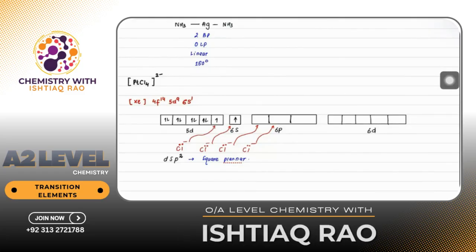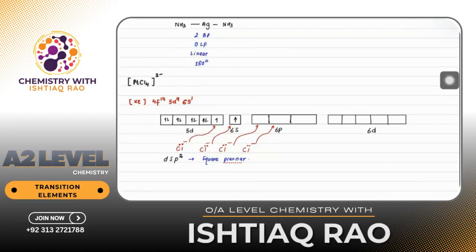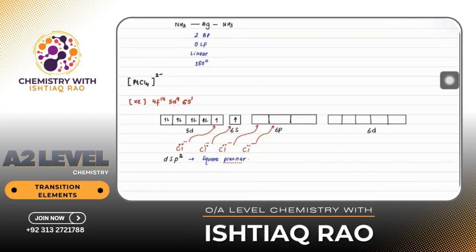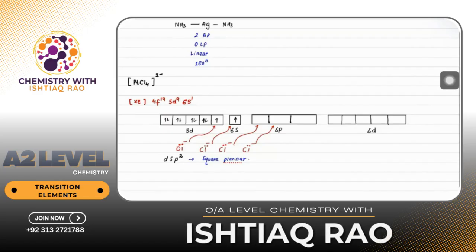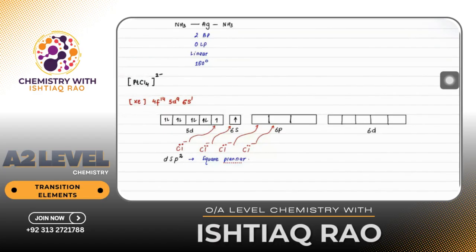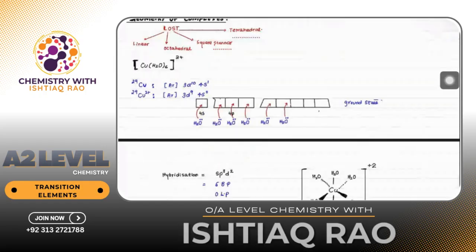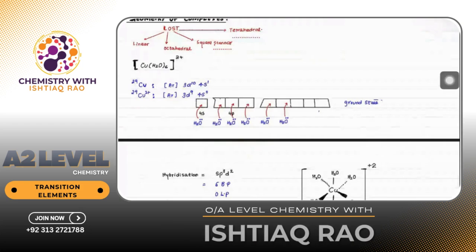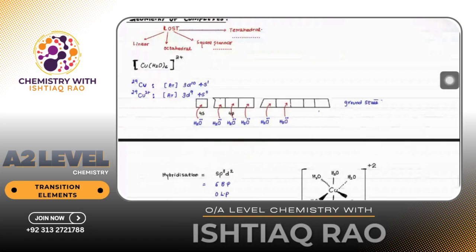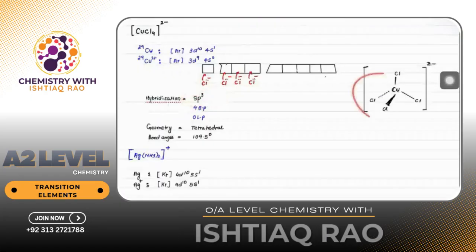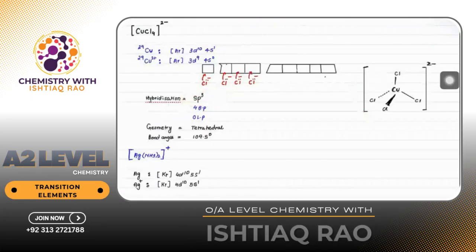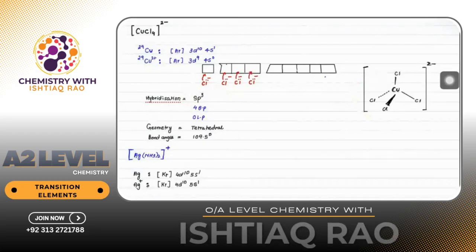But nothing to worry about. You can make it easier after knowing the electronic configuration, and then you have to see what the hybridization is. If the hybridization is sp3, it would be tetrahedral.